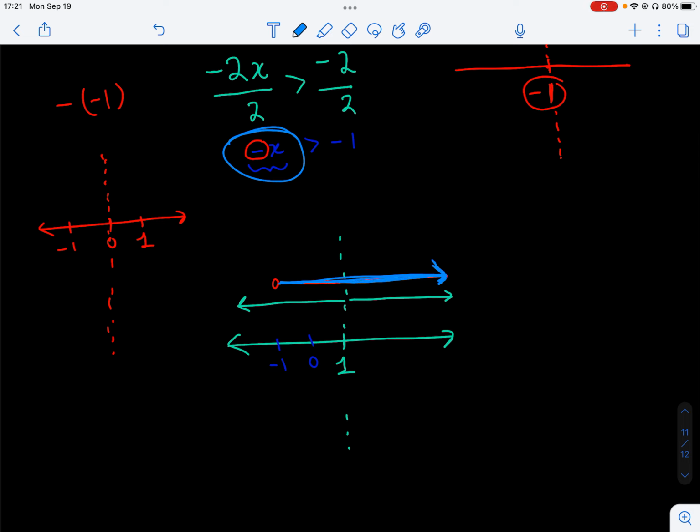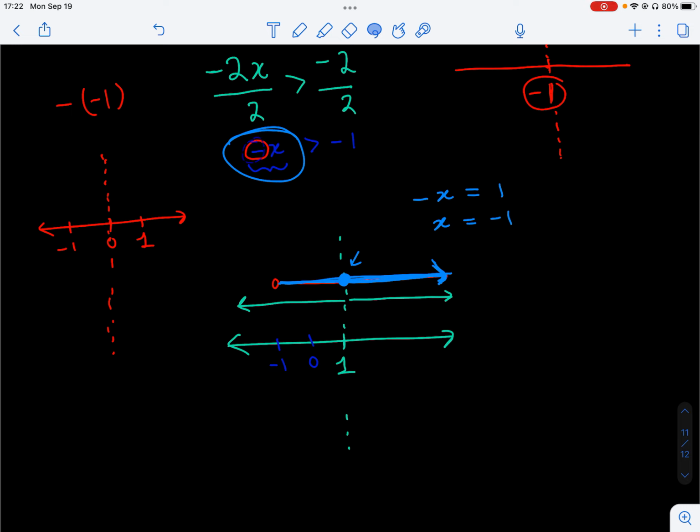Well, let's consider some of these. Let's look at the number 1, because this number 1 right here is in my solution set. It's on this line. So, of course, 1 is greater than negative 1. But negative times what number equals 1? Negative 1.